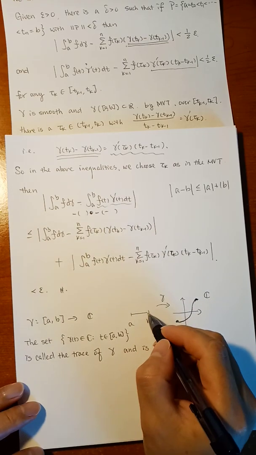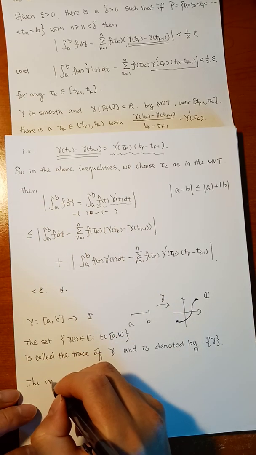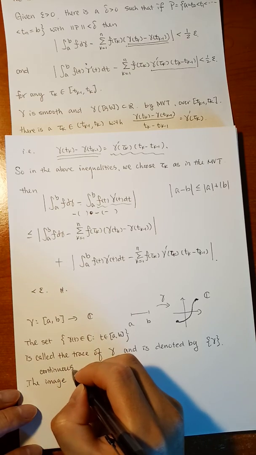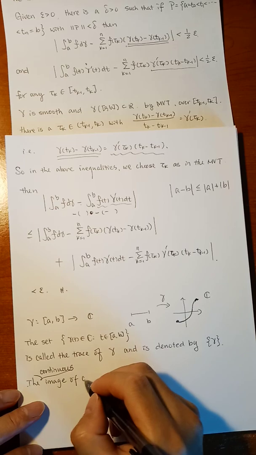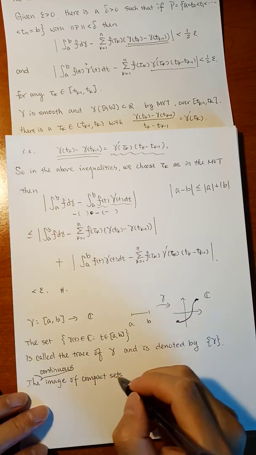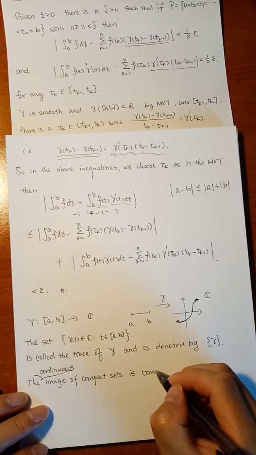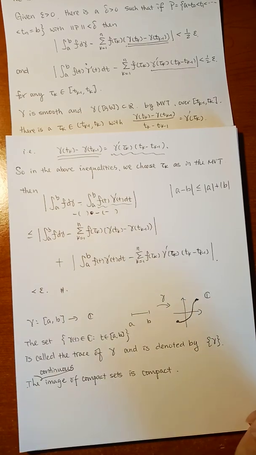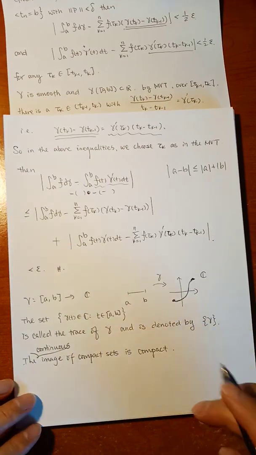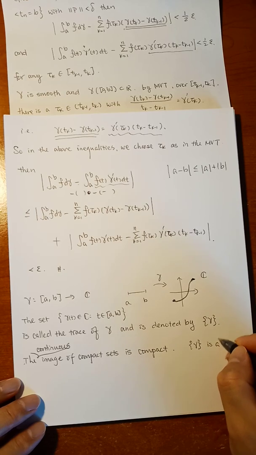And because [a,b] is a compact set, remember the continuous image of a compact set is compact, so we know that this trace of gamma is always compact.